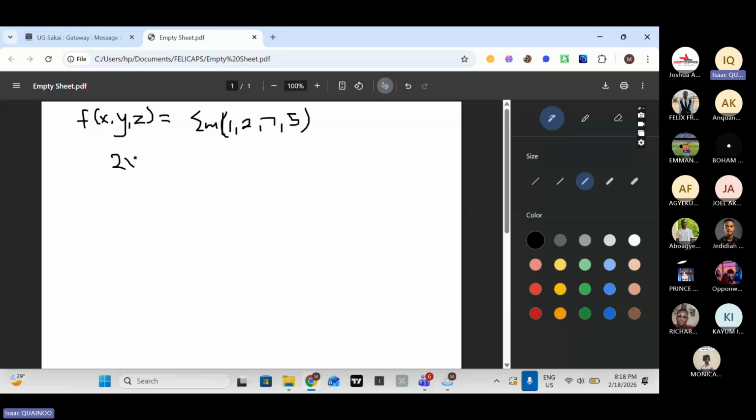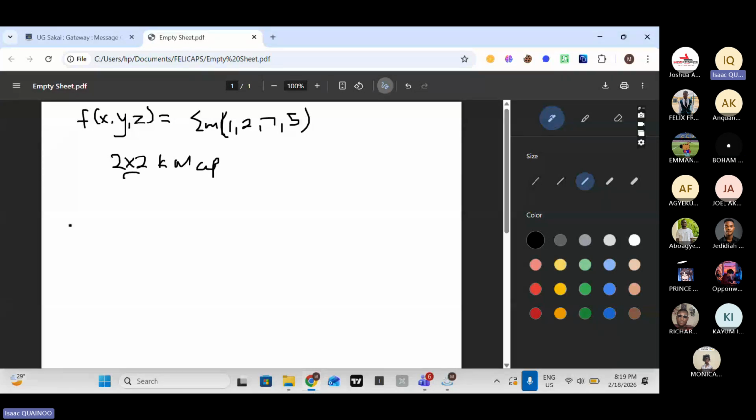Okay, so a 2 by 2 K-map is simply a K-map which has two variables, because if you want to know the number of cells to use, we take 2 raised to the power n. So if the variables are 2, 2 raised to the power 2 will give you 4. So to represent 4 cells, a 2 by 2 K-map is needed.